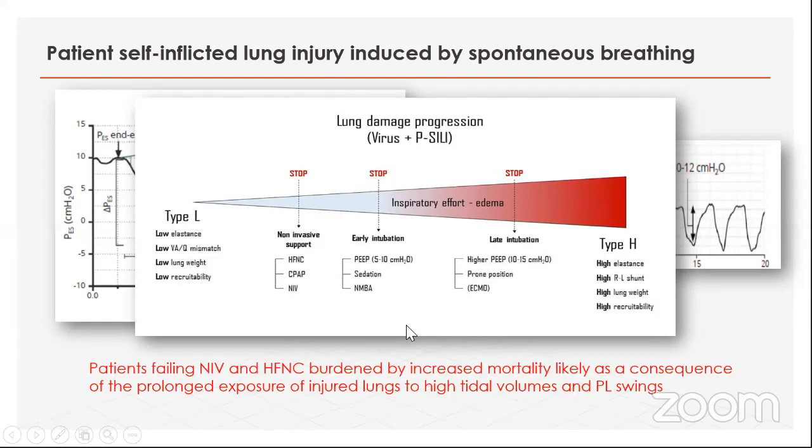The evidence showed this clearly: patients failing NIV and high flow nasal cannula are burdened by increased mortality as a consequence of prolonged exposure of the injured lung to high tidal volume and transpulmonary pressure swings. This is really very important. Keep in your mind, you can use this, but if the patient fails this non-invasive treatment, there is a high chance he will have a bad injury afterwards, and it will affect his mortality badly.